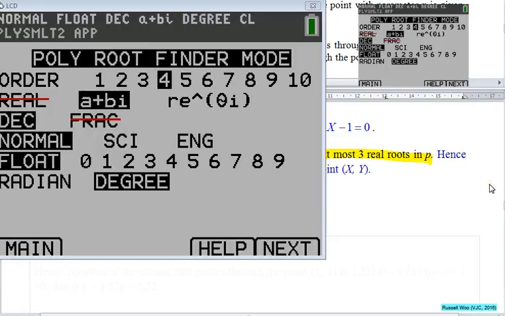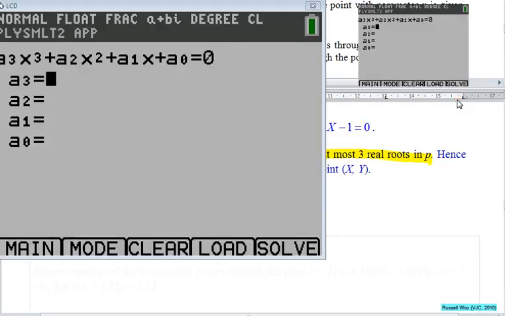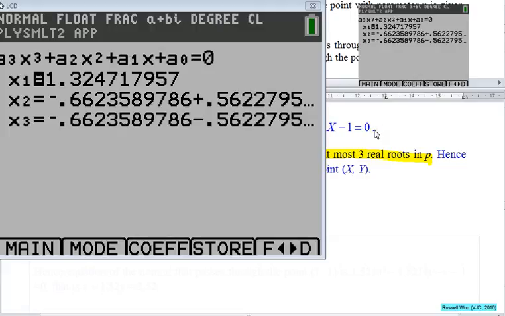The moment you choose an order 4 equation, they don't allow you to choose this. They only allow you to choose this one. Never mind. Let's say you do this. Then you get 1, 0, minus 1, and minus 1. Solve. Is it minus 1? Minus 1 and minus 2, sorry.